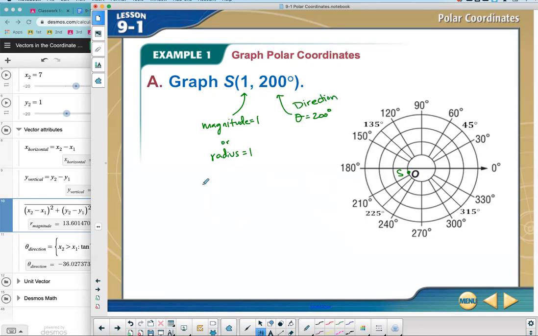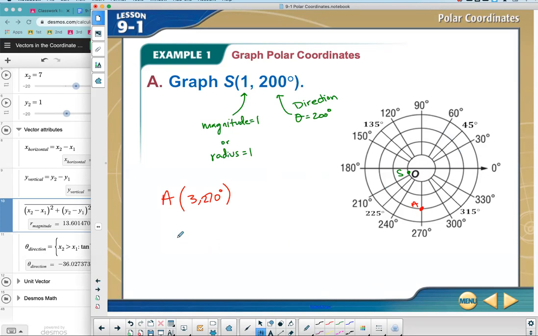Just to give you a couple extra, let's say we had the point A, 3, 270. What that would mean is you would find 270 degrees and go to the third circle. 1, 2, 3. That's 3 circles out, or the circle that has a radius that's 3 units long. This would be point A there.